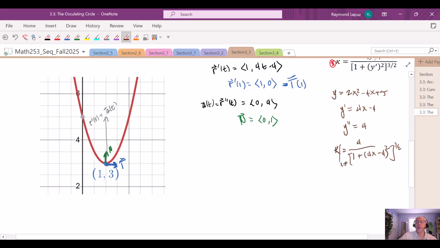If x is equal to 1, this thing just becomes 0, I believe, right? So it'll be 1 plus, and then inside here is 4 minus 4, which is 0. So your curvature is going to be 4.